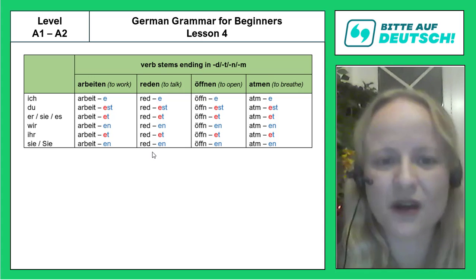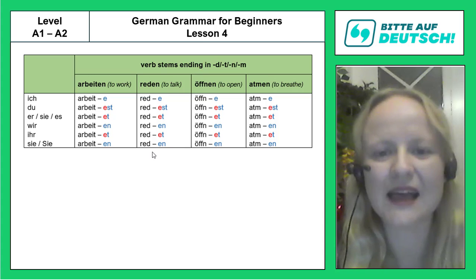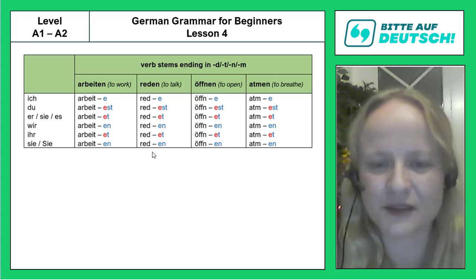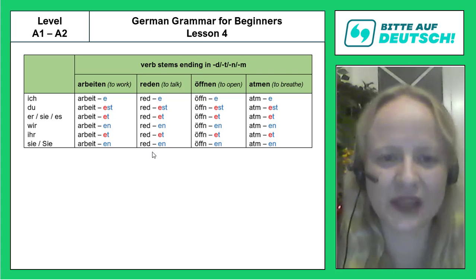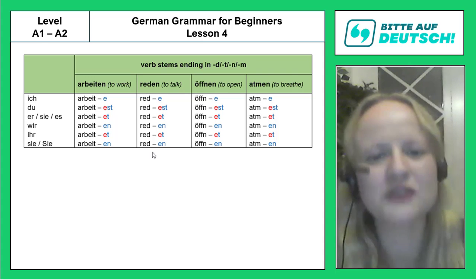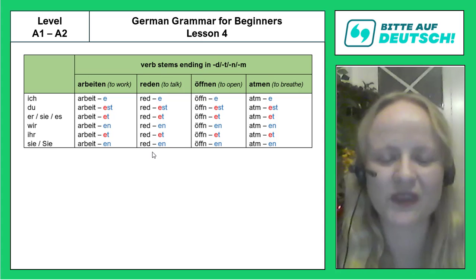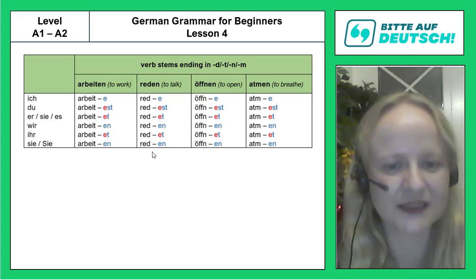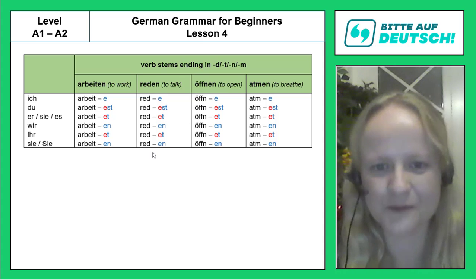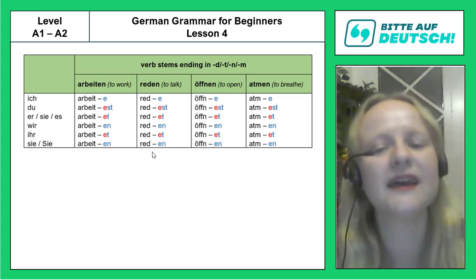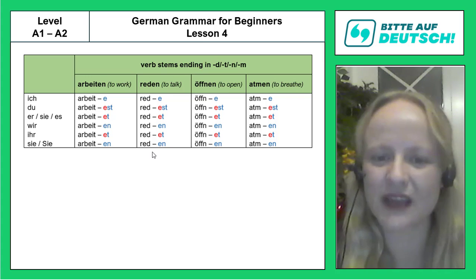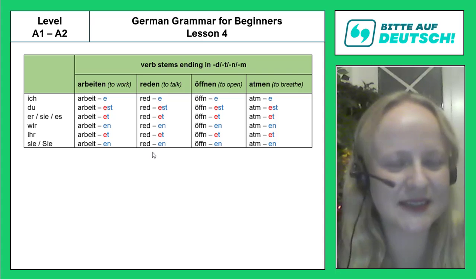So for the verbs öffnen and atmen, öffnen to open, atmen to breathe, we will conjugate ich öffne, du öffnest, er öffnet, wir öffnen, ihr öffnet, sie öffnen. Okay, and for atmen, ich atme, du atmest, er atmet, wir atmen, ihr atmet, sie atmen.